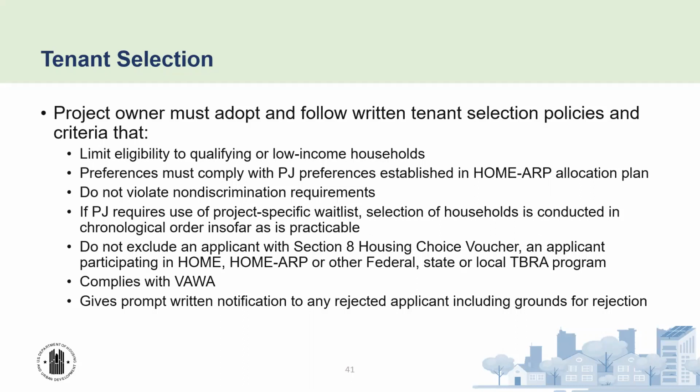If the PJ requires the use of a project-specific waitlist to select qualifying and low-income households, the project owner must provide for the selection of households from a written waitlist in the chronological order of their application insofar as is feasible.